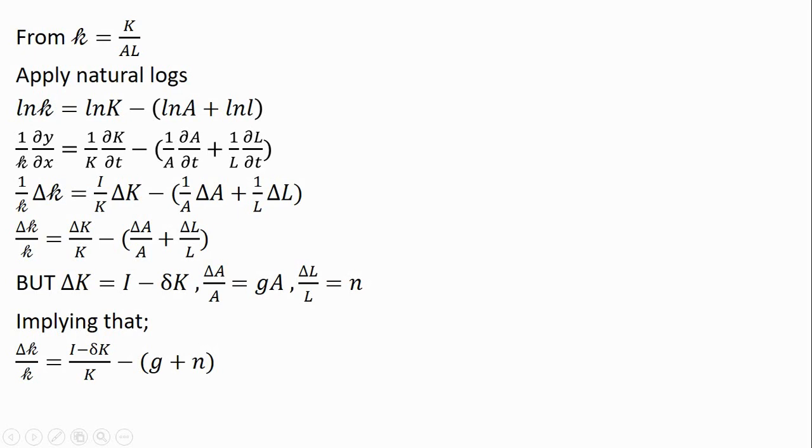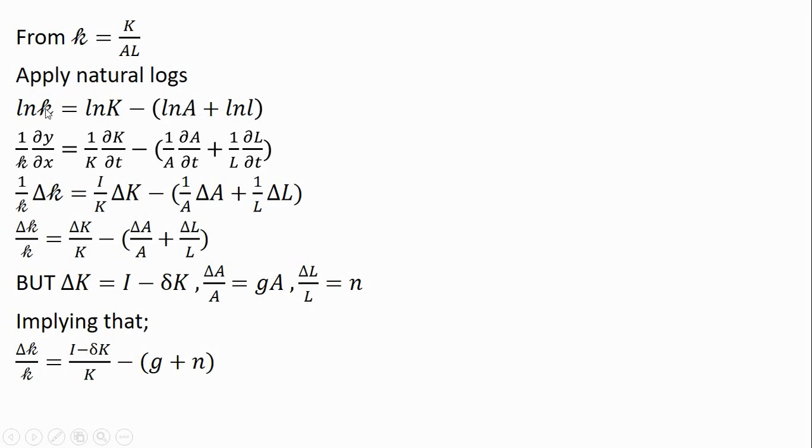Our next step after getting a log equation is to differentiate with respect to time. So here we differentiate our kappa with respect to t. Sorry, this is not supposed to be x, it is supposed to be t. As I explained to you in the Harrod-Domar growth model, this is how we differentiate natural logs.